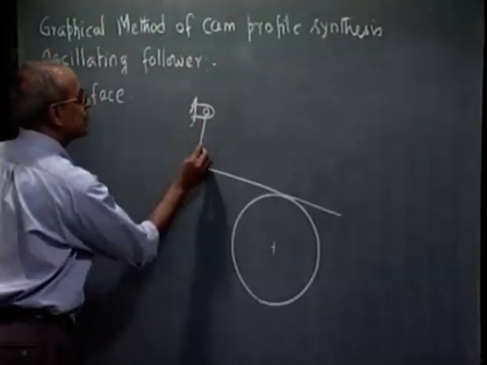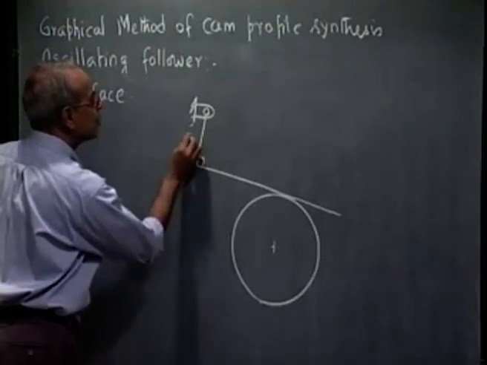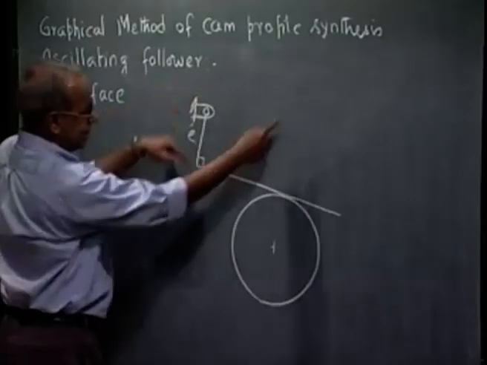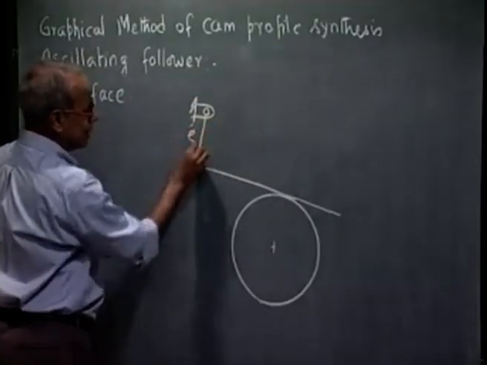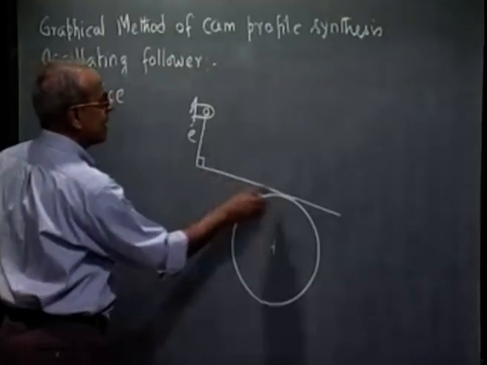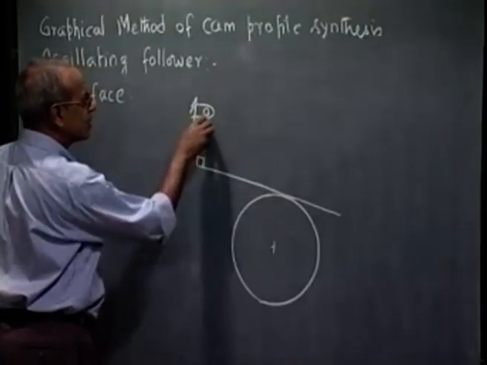In the analytical method, this dimension is what we called E. As we see, as this thing rotates, this is one rigid body, this angle always remains 90 degree, which means the flat face is always perpendicular to this line.